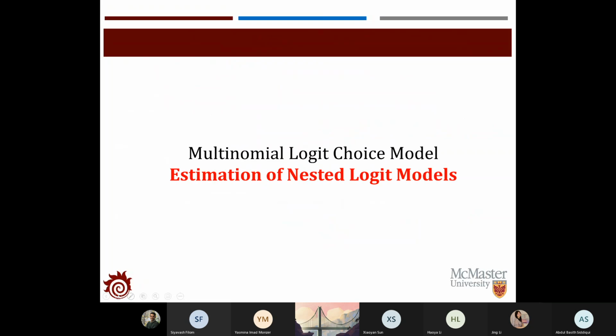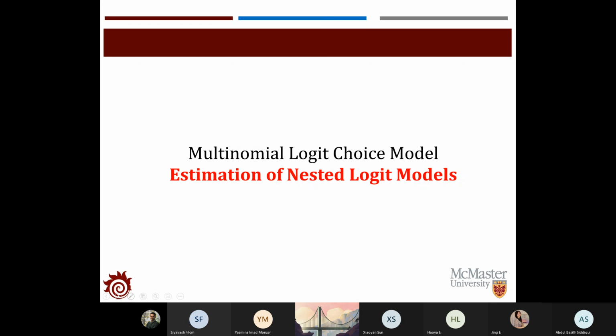So that would be the nested logit model. I know it's quite complicated, so I'll just give you some ideas about how the nested logit model is designed and what the features of it are.